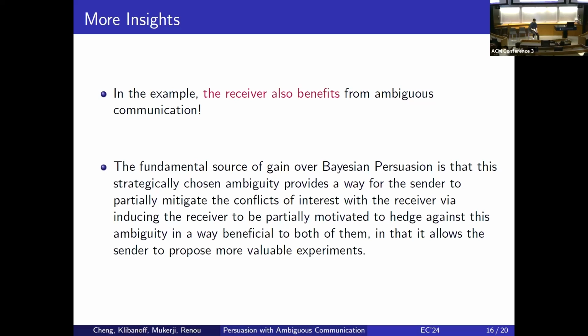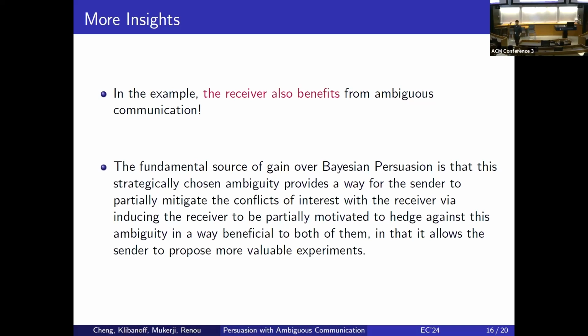So what does it mean? It means that in the example, the sender now has the ability to recommend sigma alpha bar more often in terms of the ambiguity neutral probabilities, in a way that previously was not obedient, not compatible with the receiver, so it was not implementable.